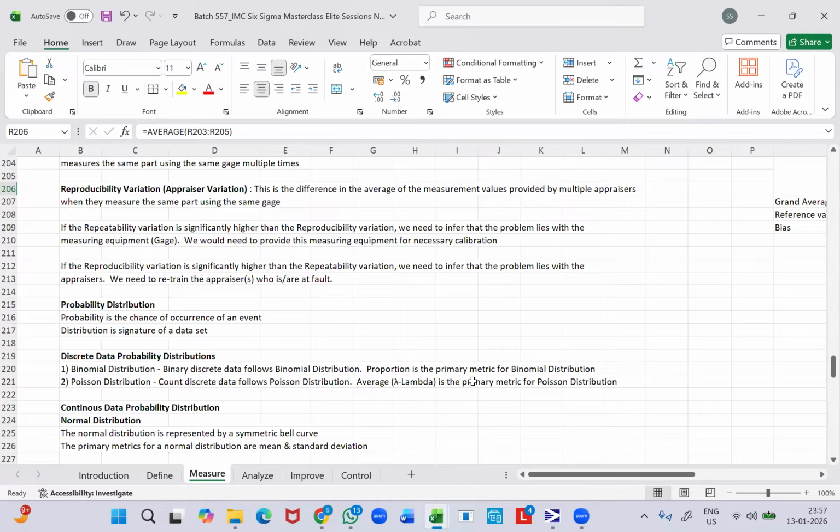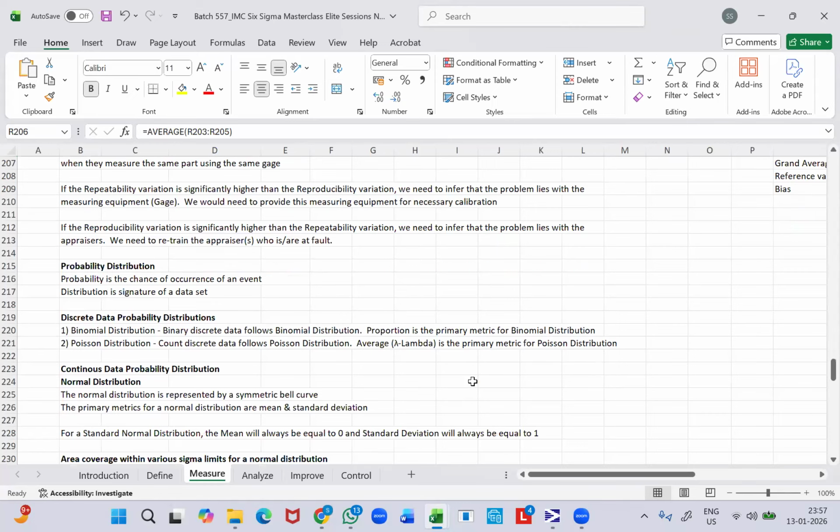All these continuous data distributions which are not normal will be called non-normal distributions. As part of our curriculum, we are going to look at the normal distribution, which is represented by a symmetric bell curve. Whenever we draw a symmetric bell curve, it denotes normal distribution.